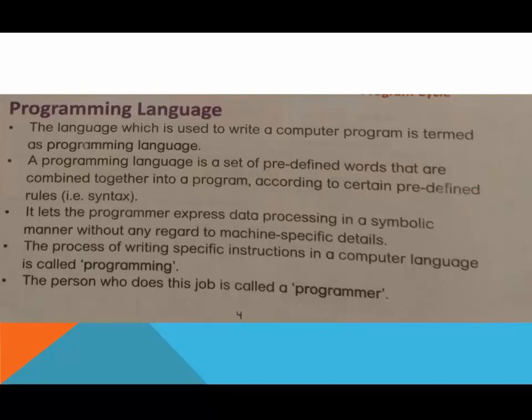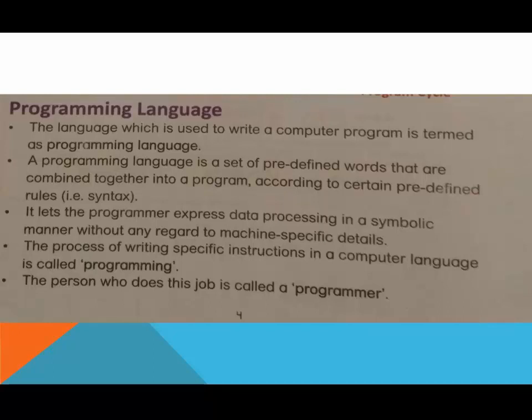For example, X, Y, Z are letters, symbols which represent certain numbers without any regard to how big a number you can process in your brain. That letter will represent a number. In the same way, a programming language lets the programmer express the data in a symbolic manner without regard to machine specific details.